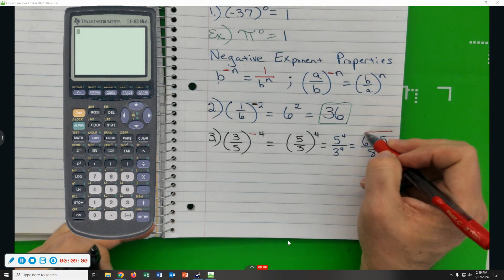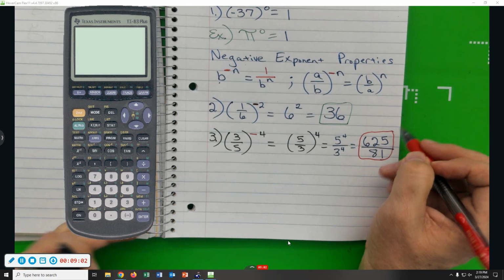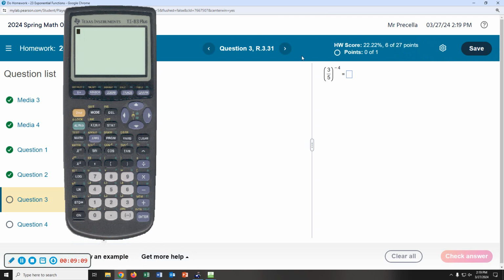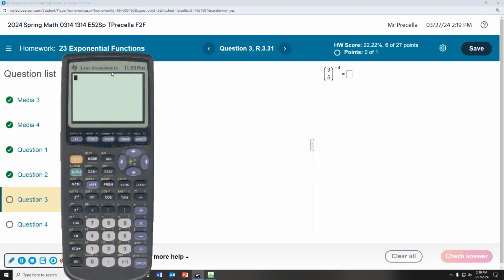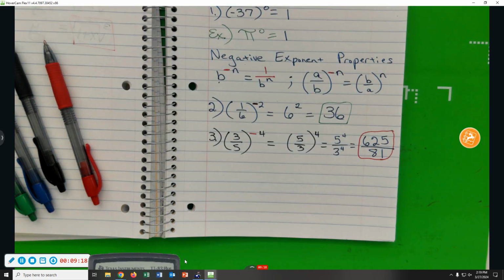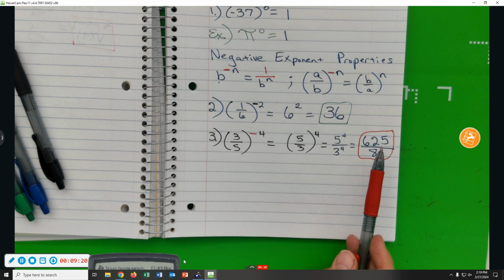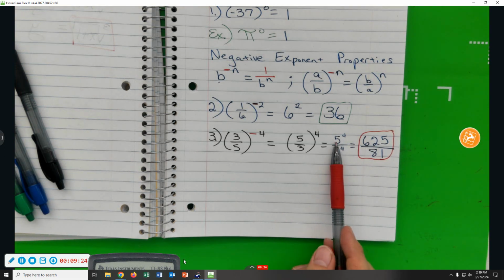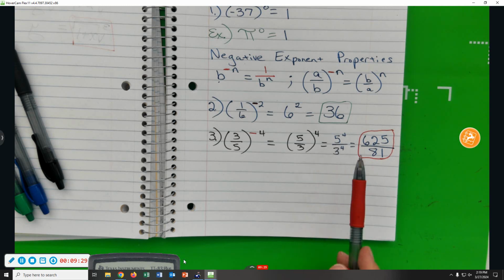And you want to have your calculator with you as you're doing these problems. Certainly makes matters easier. So you just leave it like that? Yes. If there were a common factor, I would cancel it. But I'm not even going to try to find a common factor because that 625 came from 5 to the 4th. 5 is a prime number. 3 can't divide into 5, so there's no way that fraction can be reduced.